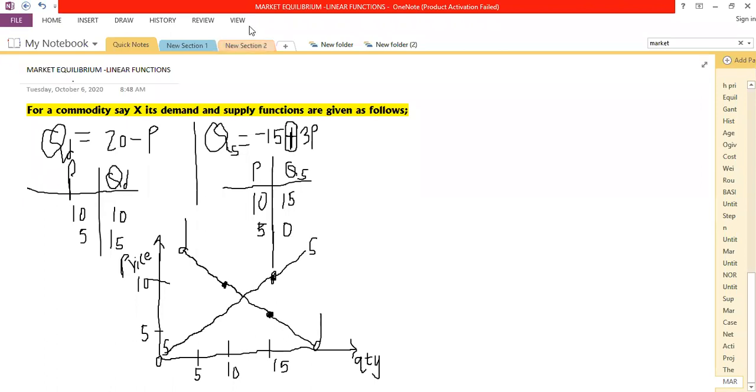Then at the point of intersection, you come and identify the equilibrium point. You approximate what price is going to give rise to what quantity.